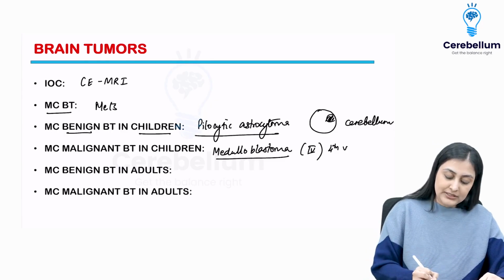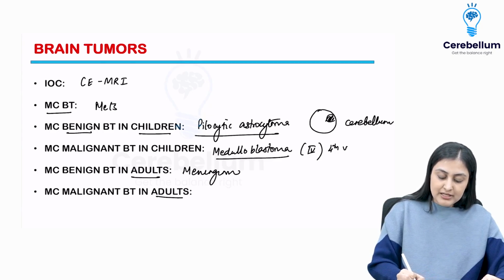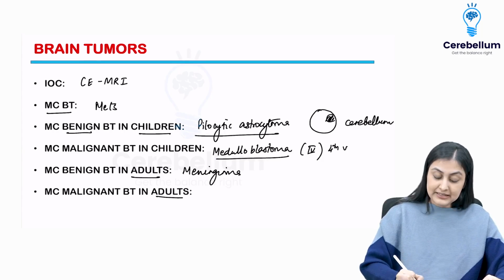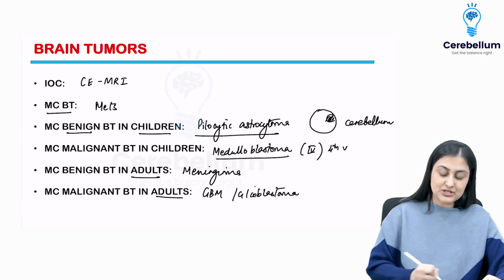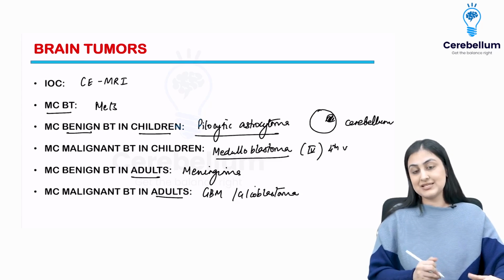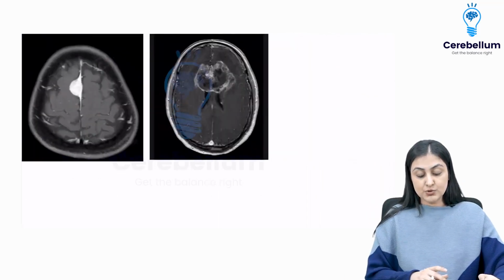All right. On the other hand, in adults, the most common benign brain tumor is meningioma, whereas in adults, the most common malignant brain tumor is GBM, now called glioblastoma, right? So previously we used to say glioblastoma multiforme, now we say glioblastoma, okay? So these are the 4 tumors which are the most common.